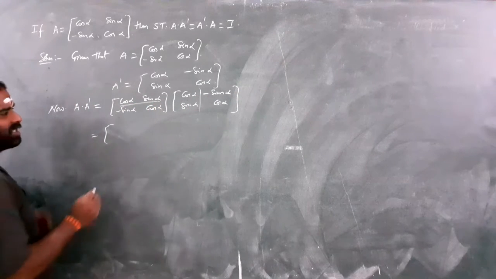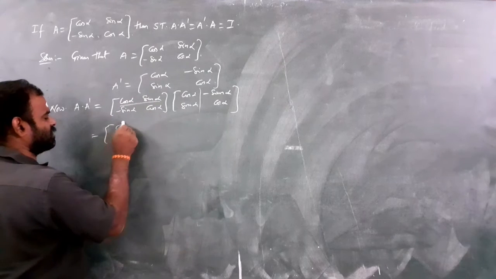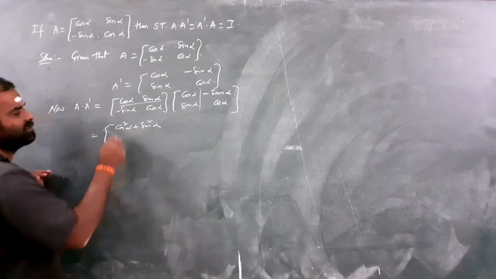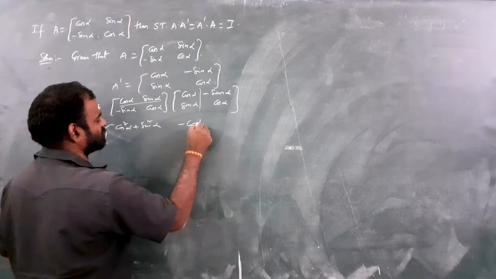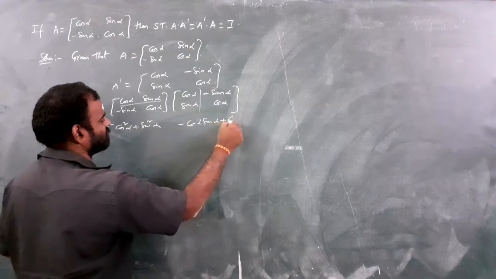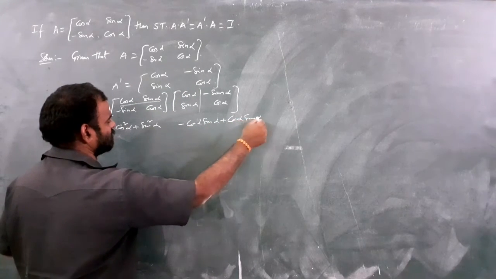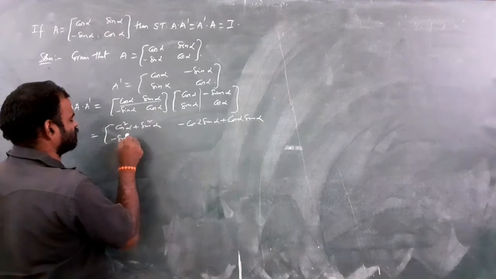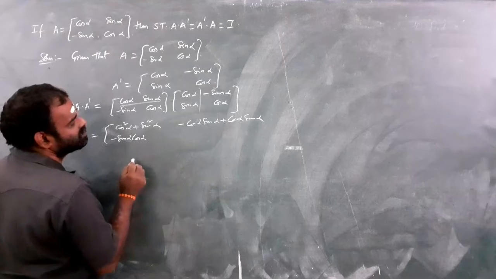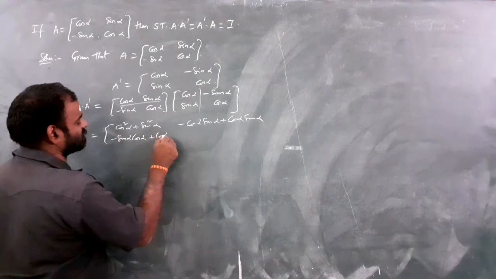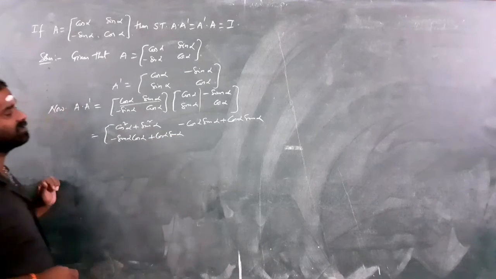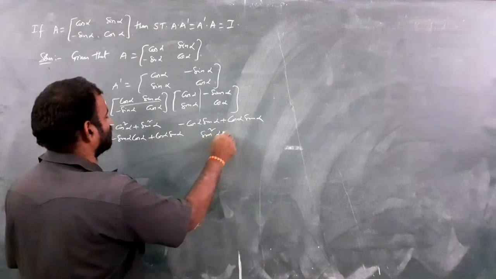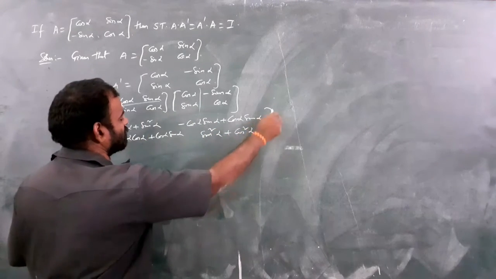So A into A dash: cos square alpha plus sin square alpha, and here minus cos alpha sin alpha plus cos alpha sin alpha, and again minus sin alpha cos alpha plus cos alpha sin alpha, and again minus into minus plus, sin square alpha plus cos square alpha.